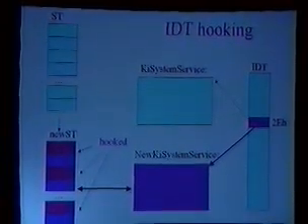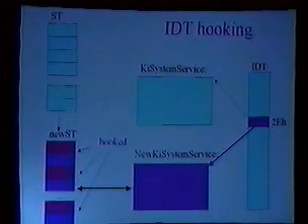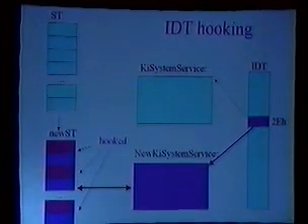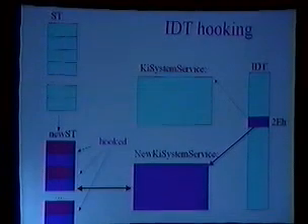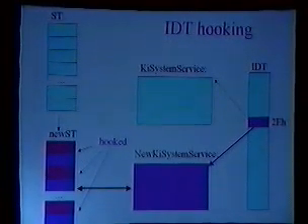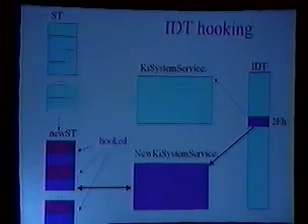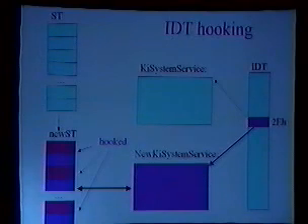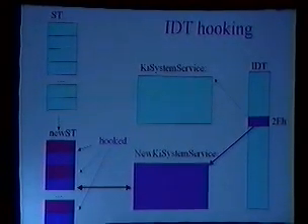Okay, so we have to extend our rootkit detector to also monitor the IDT table. So we've got to have a copy on CD-ROM of the service table and interrupt descriptor table, and every day evening we have to compare the current service table and interrupt descriptor table with the copy on the CD-ROM. If the contents of this or this has changed, we've got a rootkit in the system.